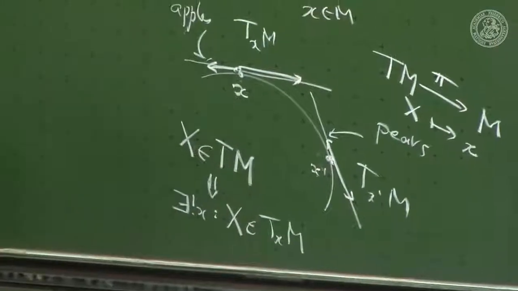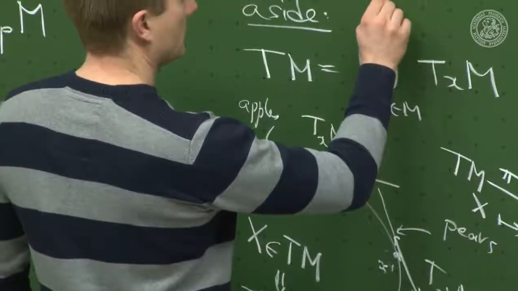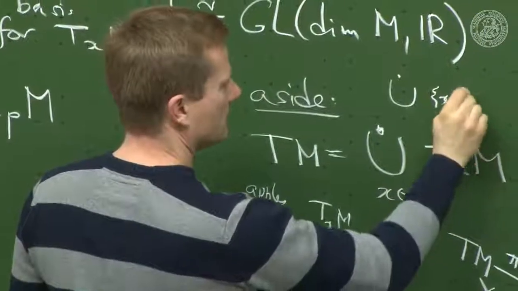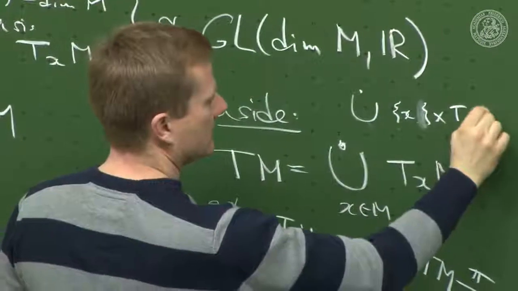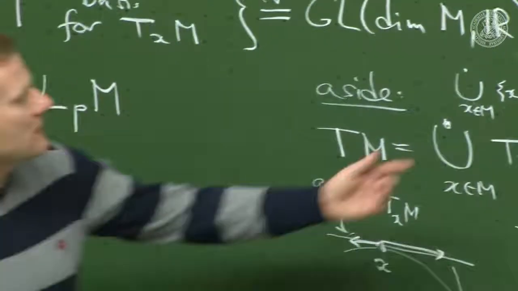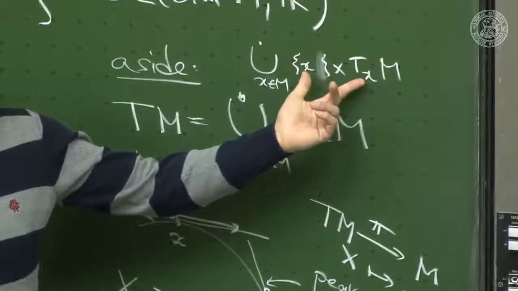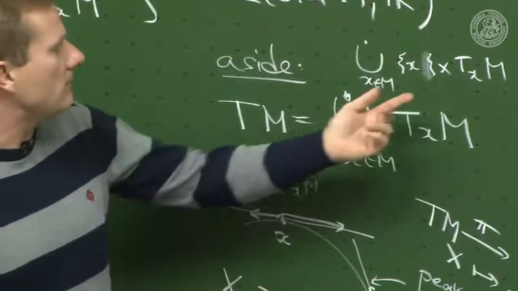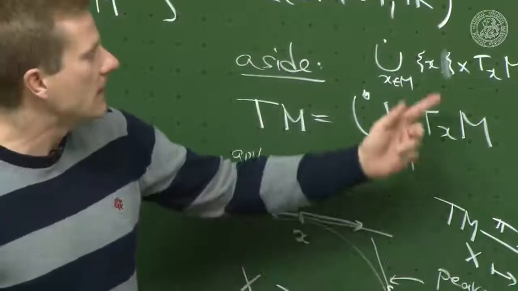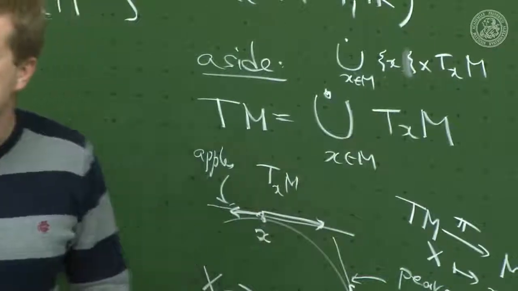Okay? Hence, a construction of the type union over all x of x Cartesian product T_xM may look good because you make this point explicit, and you then have in here pairs of points and tangent vectors.